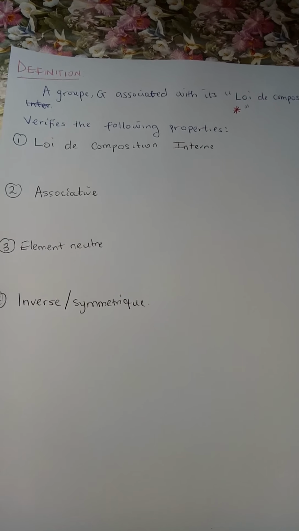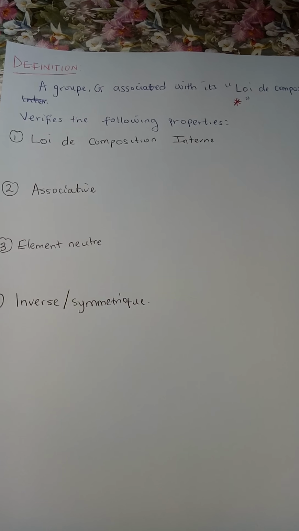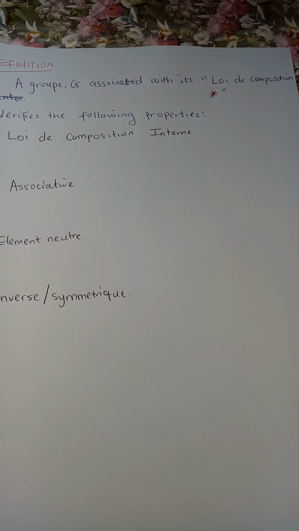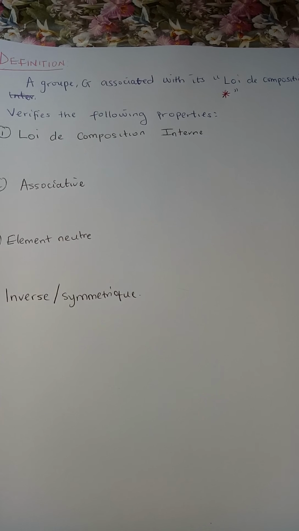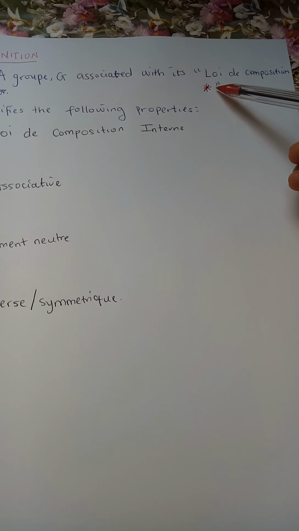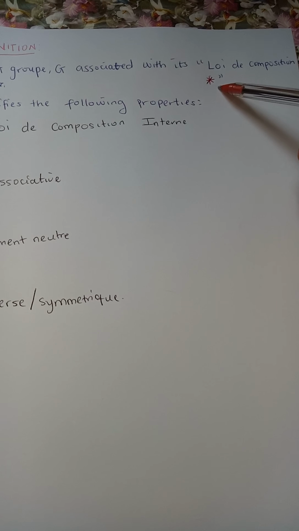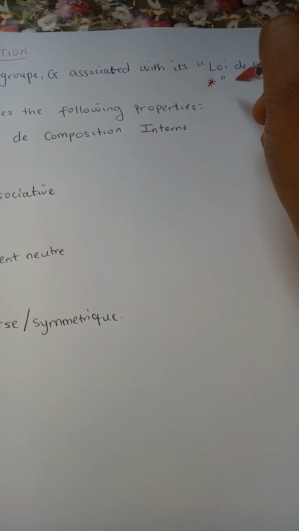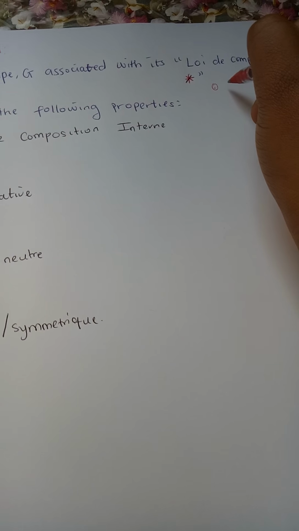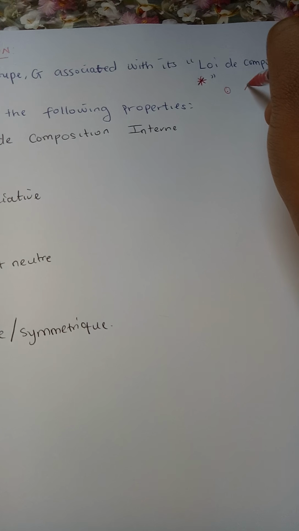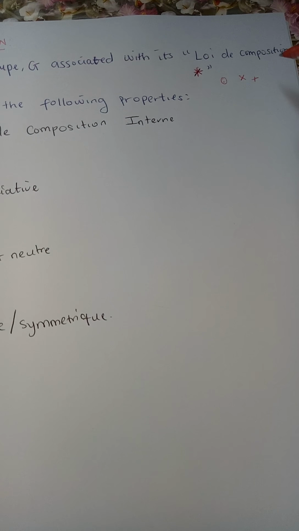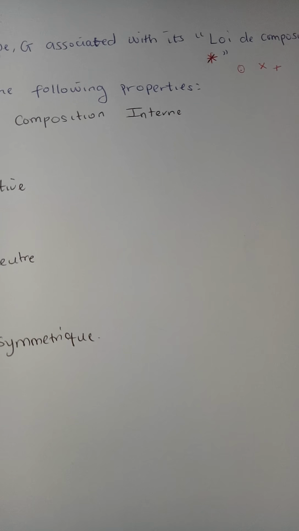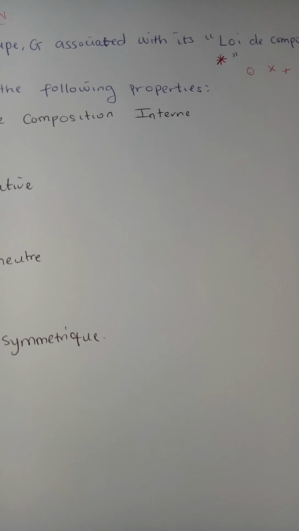So we can define a group as a group G, associated with its loi de composition, étoile. This étoile means it's a loi. In some examples, you might be given the normal multiplication or addition, but it's best for us to note it as a loi, because sometimes it might not be the exact addition that you know.